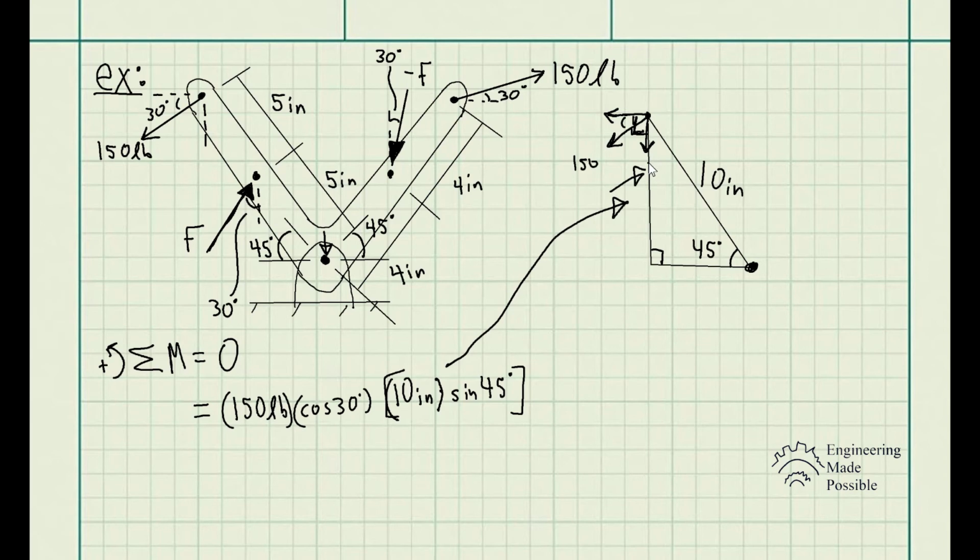And one helpful thing as well is you could continue to draw that line of action of that force. And then we see that the perpendicular distance would be this side of the triangle for the y component of that force. So remember, you could always draw the line of action.